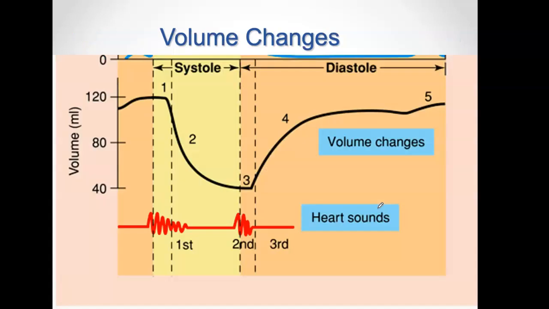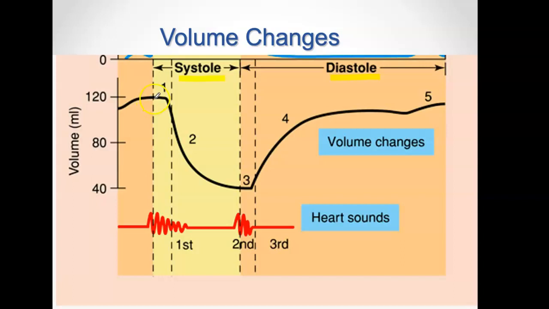So if we wanted to graph this in terms of volume here, volume changes during systole and during diastole. Let's see if this makes sense to you. You would have a certain volume of blood, and it's going to fill that chamber, fill that ventricle.